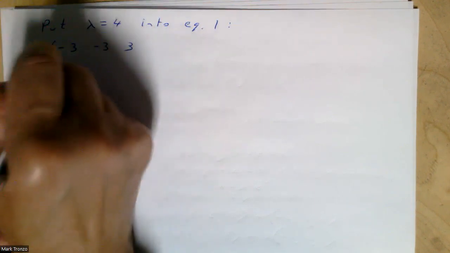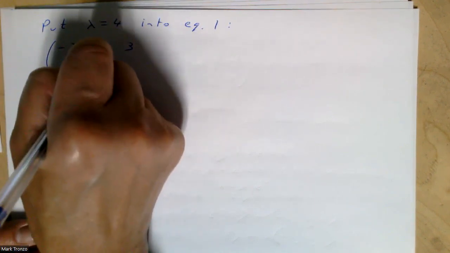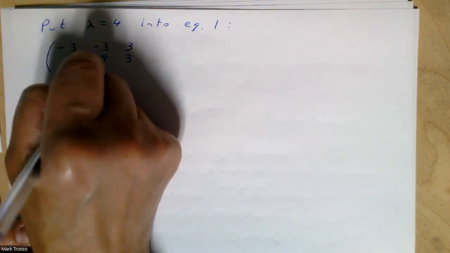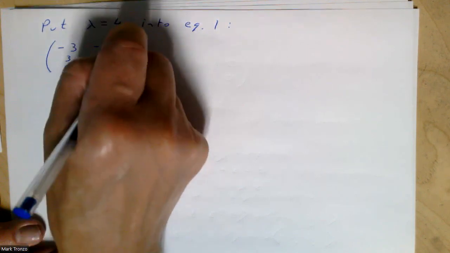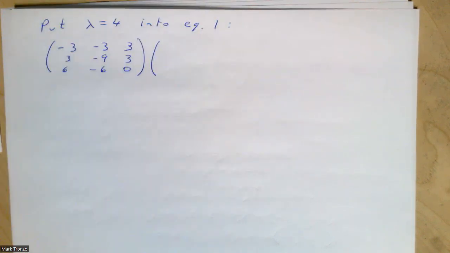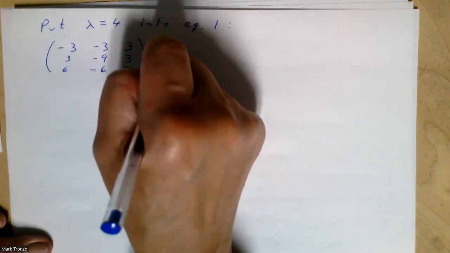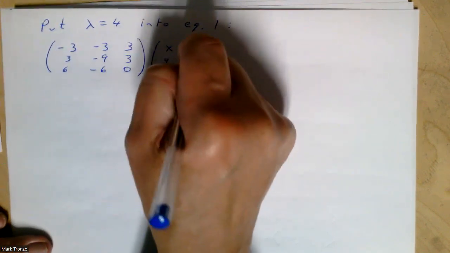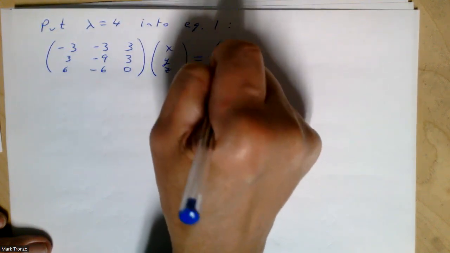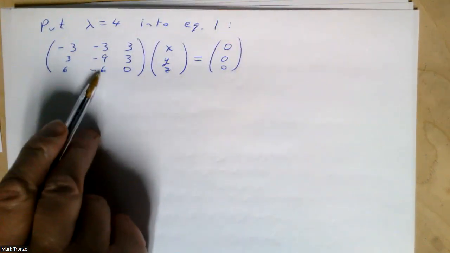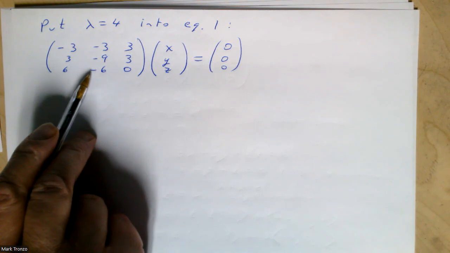Let's put that down. And just like we did before, let's go ahead and multiply that by a vector here and set this to be 0, 0, 0.